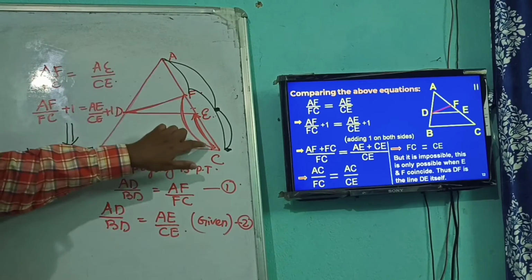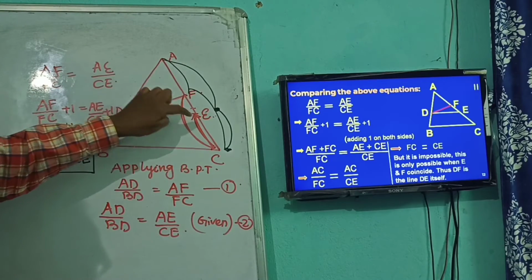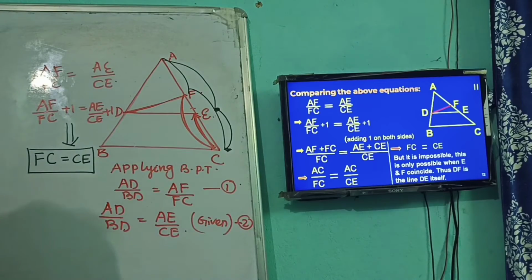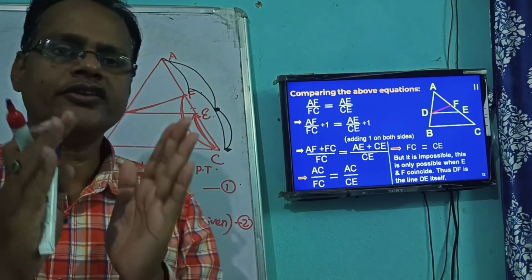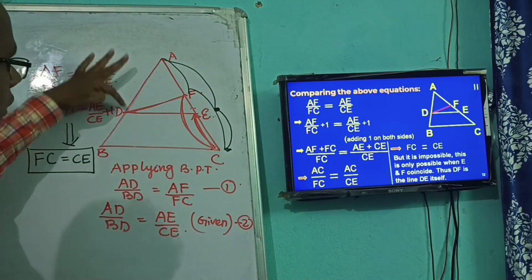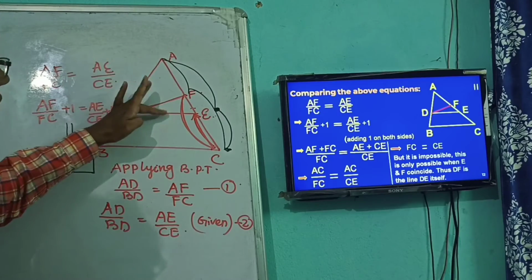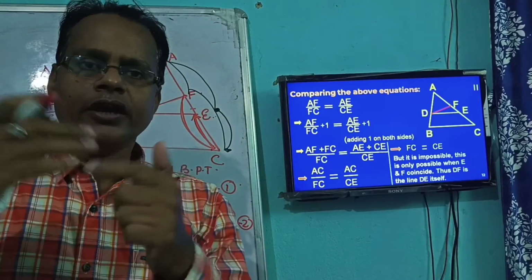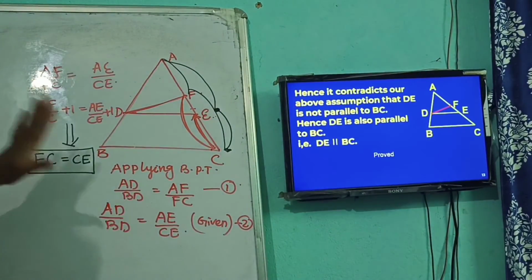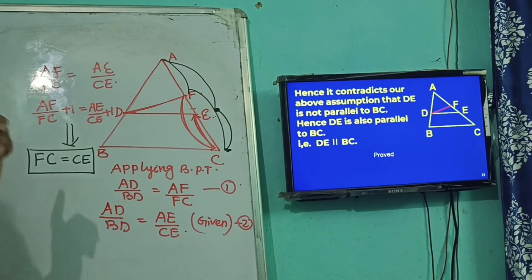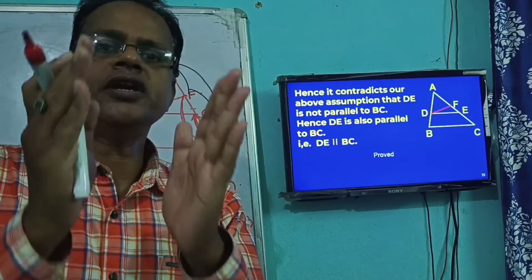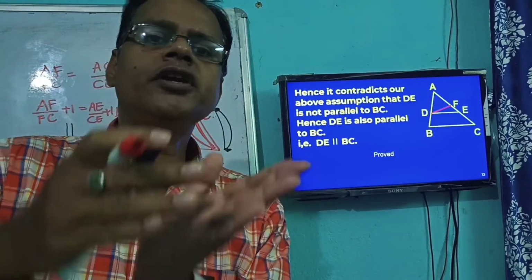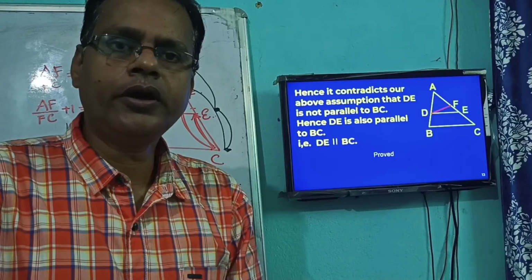This will be possible only when F and E both coincide. Then your DF line will also coincide with your DE line. So then my question is, you are getting an absurd answer because you are assuming a wrong thing. Are you getting the point?